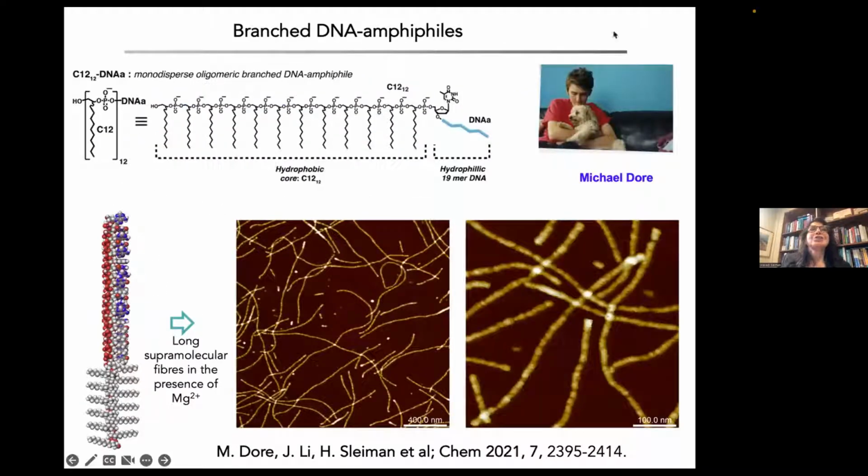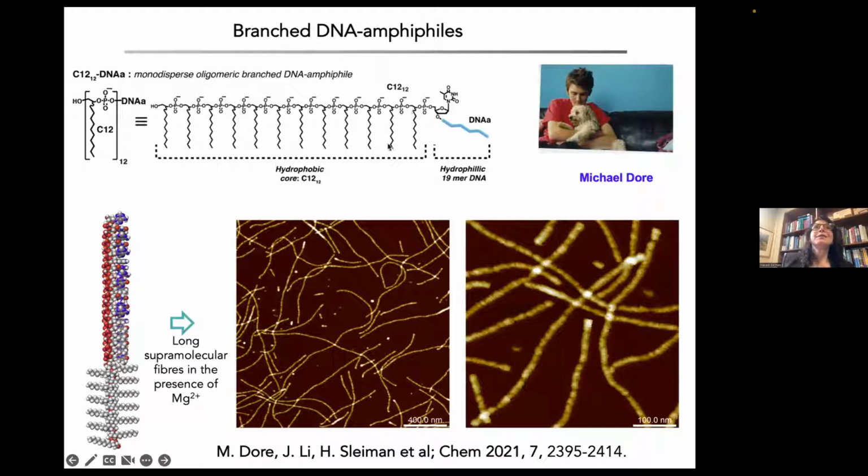And of course, we can change the structure of the monomer on the inside. Small changes in the structure of a monomer dramatically change the assembly that you get. So for example, Michael here, instead of using a linear carbon 12 chain, used a branched carbon 12 chain. So basically, as you can see here, the phosphates are here, okay?